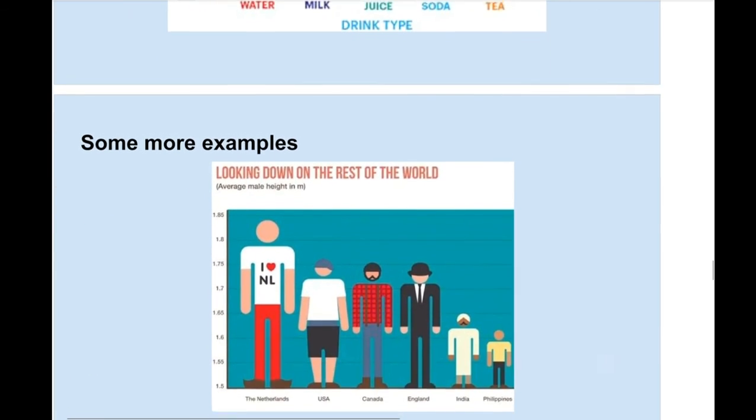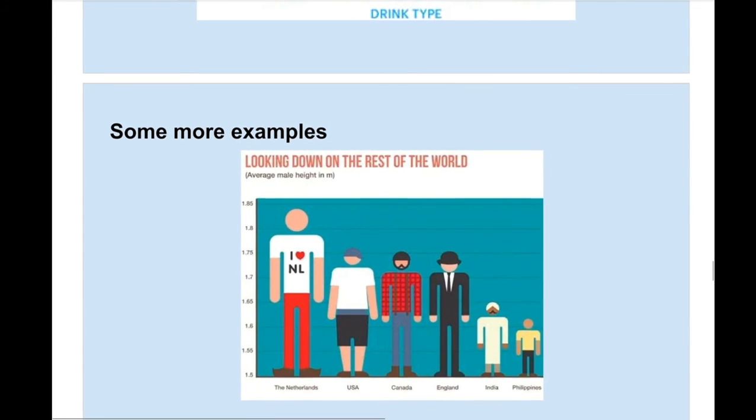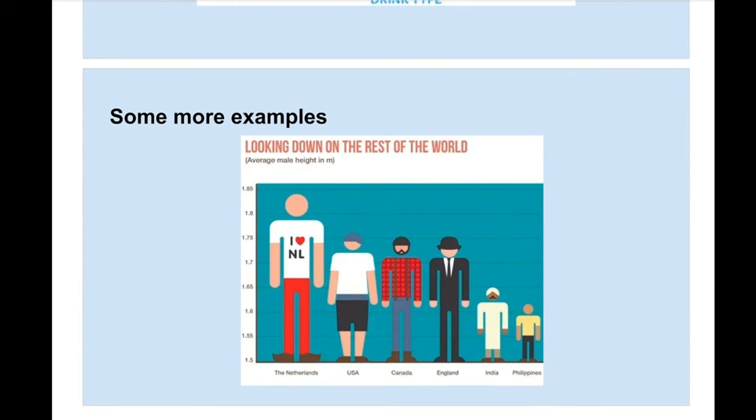Some more examples, just to look at. Again, we can see another pictogram looking at the height, but if you look at the actual scale, there's not that much of a difference, right? If we're looking in terms of centimeters, we're going from, say, 1.85 to 1.75. So that's really only 10 centimeters. If you look at 10 centimeters on a ruler, it doesn't look as drastic as what we see here.